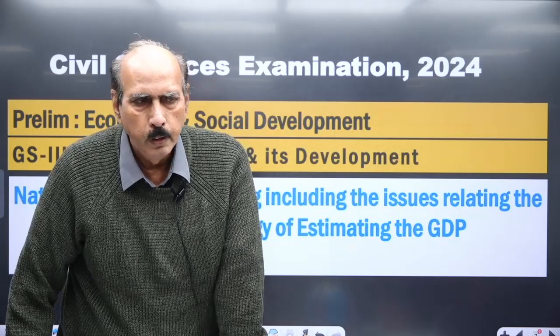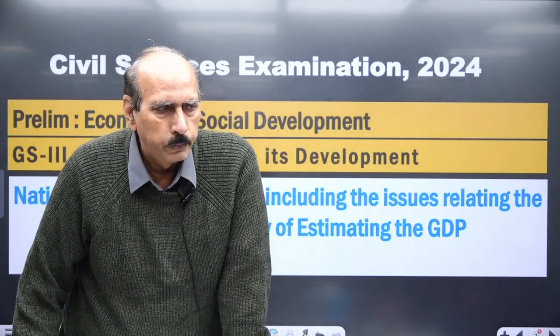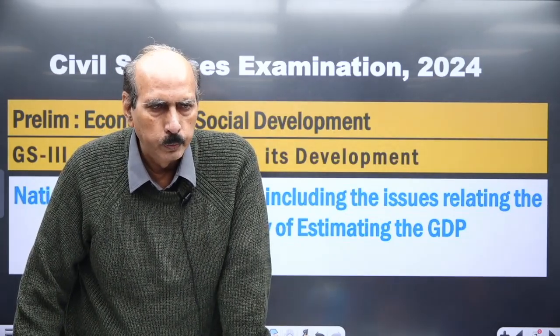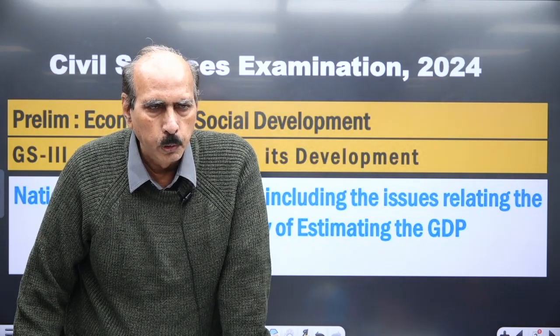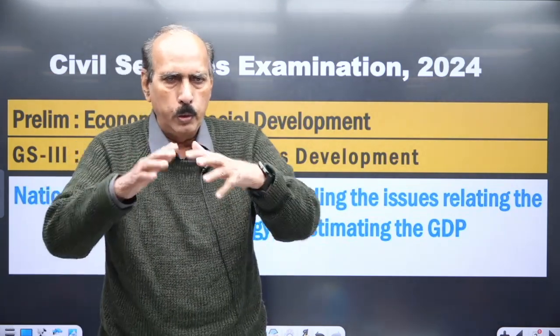When we started our development process in 1950s, it was assumed that as the economy will grow, the benefits of the growth will automatically flow down to all the sections of the society.